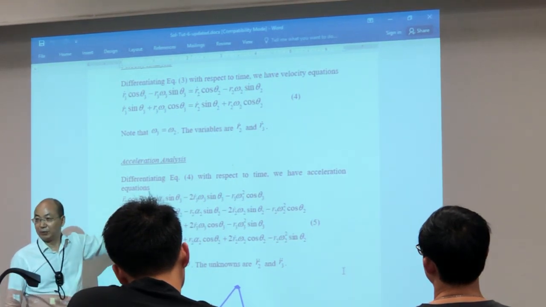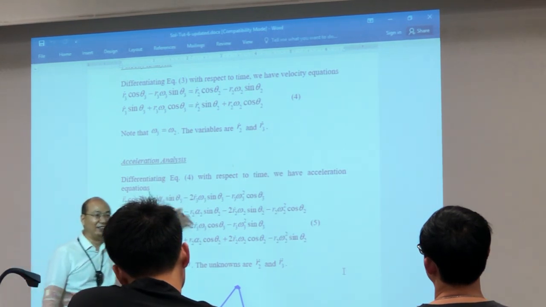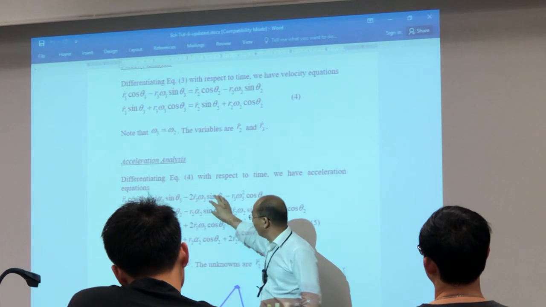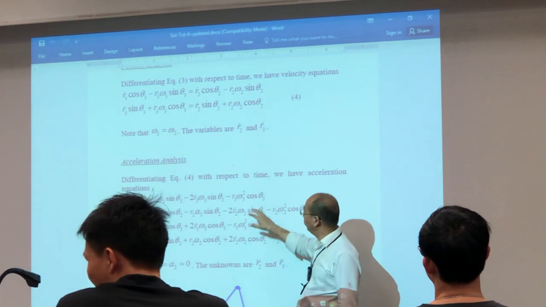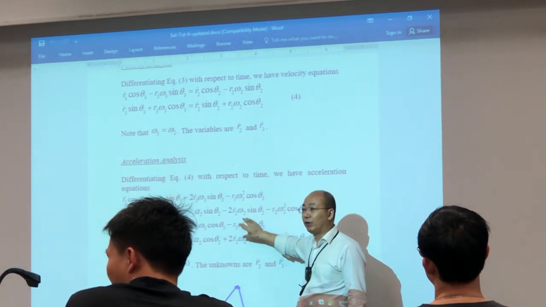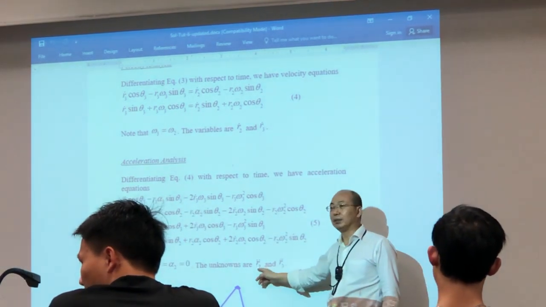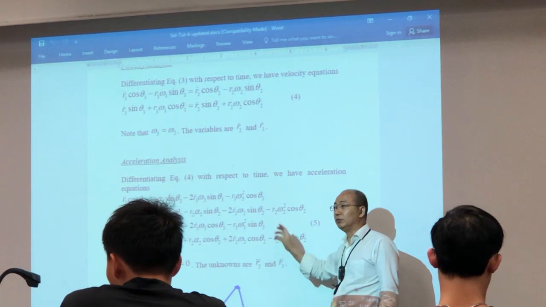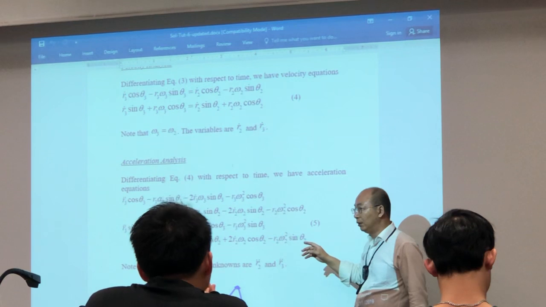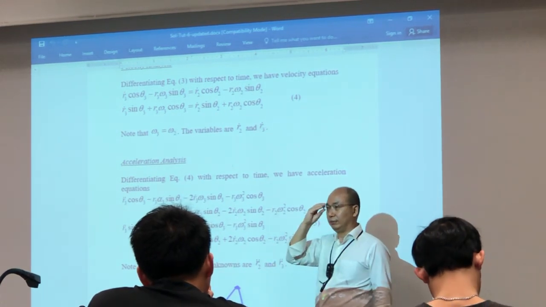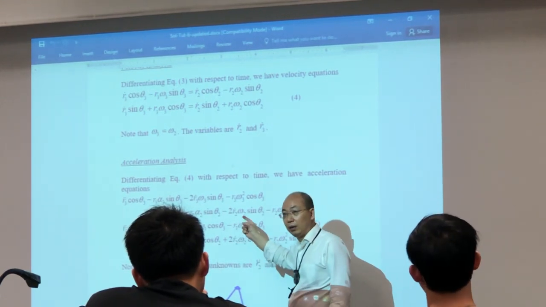Luckily, up to acceleration we don't need to differentiate again. This is the x component and this is the y component. Again you have 2 equations, so you can solve for 2 unknowns: R2 double dot and R3 double dot, the sliding accelerations of the slider along R2 and R3. Now if you look at this equation, what do you have?